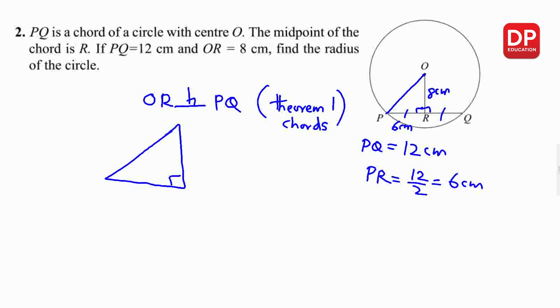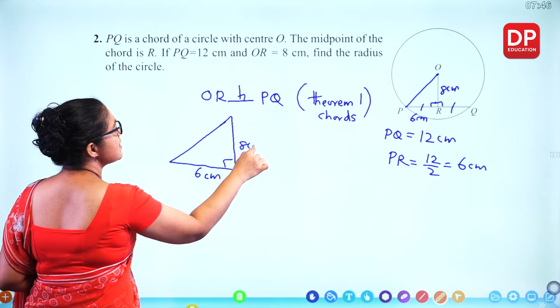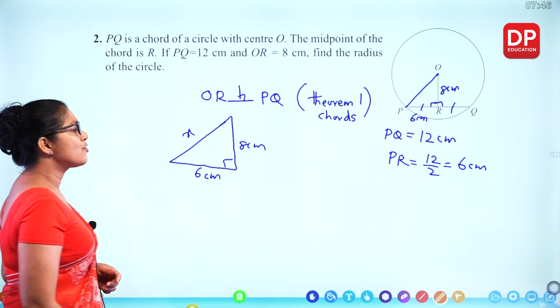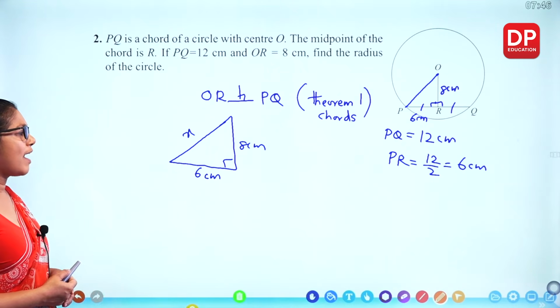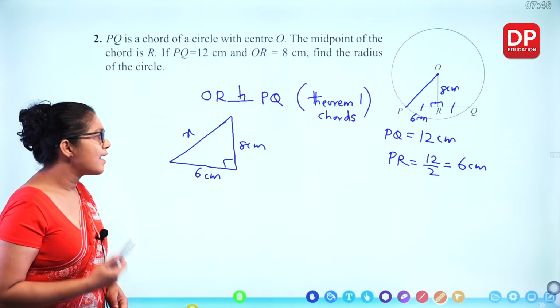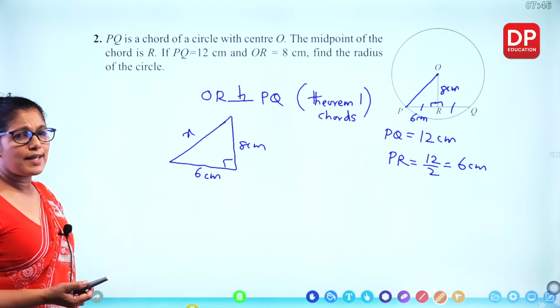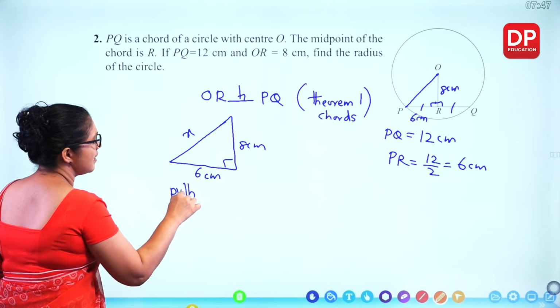This is 90 degrees. It's perpendicular. So if this is 90 and this is 6 centimeters, this is 8 centimeters, you are asked to find this length. So this is about a right angle triangle and you have to find one length and the other two lengths are given. So what's the theorem we can use? We can use Pythagoras theorem.